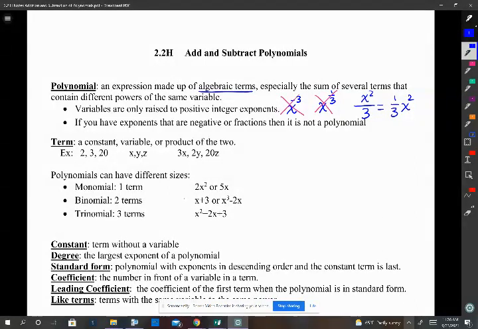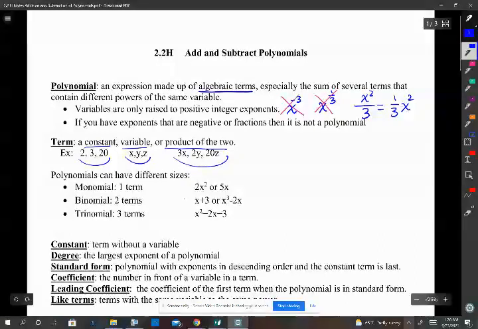But I can have the number in front of my variable with an exponent, and then I'm still good. So a term is a constant, which is just a regular number, a variable, which is one of our letters, or the product of the two. Okay, so these are examples of constants, examples of variables, examples of terms.